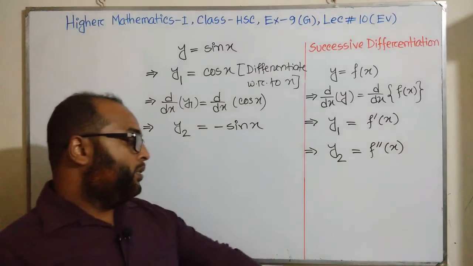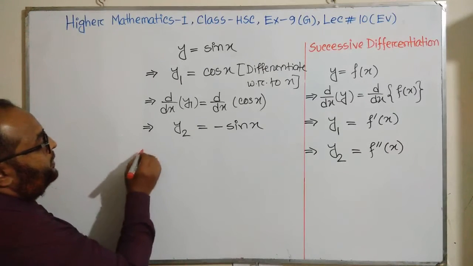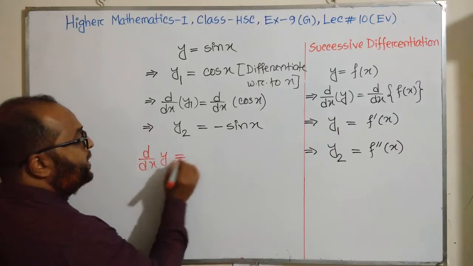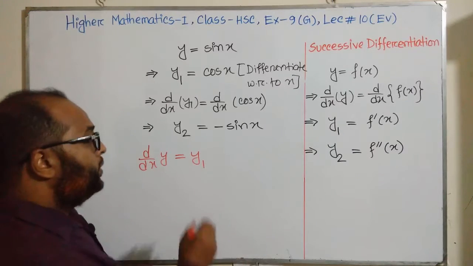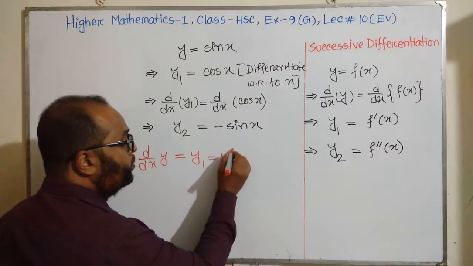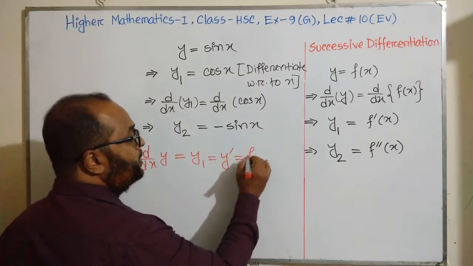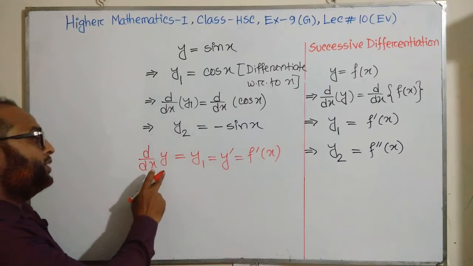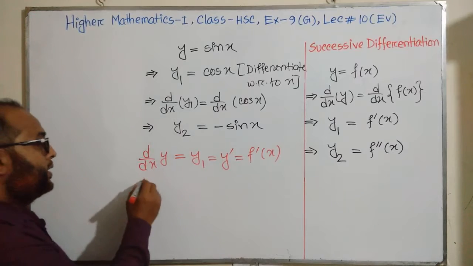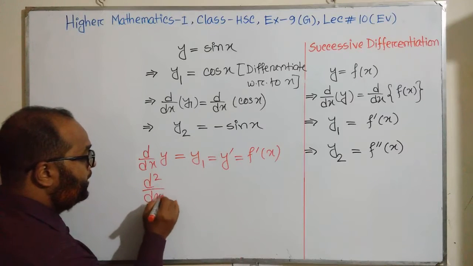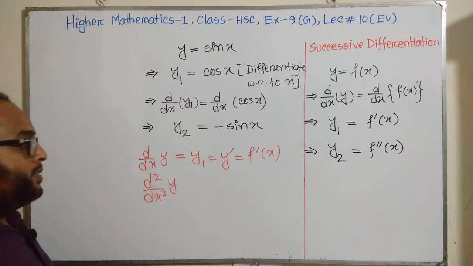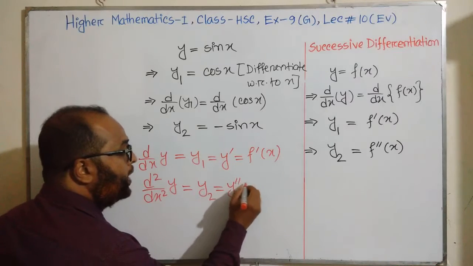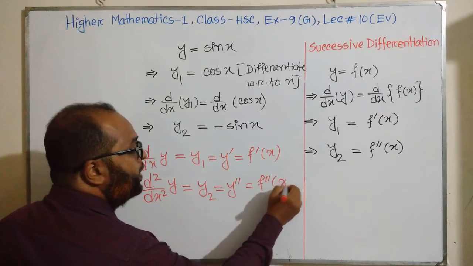Okay, now here d/dx of y is written as y1, or y prime, or f prime x. Similarly, if we differentiate y two times, this can be written as y2, or y double prime, or f double prime x.